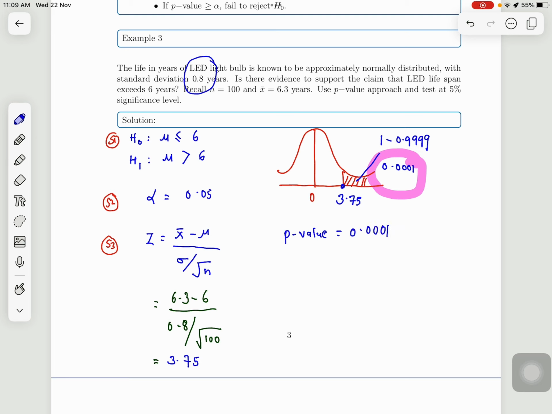And at the step 4, what we need to do is you compare with your step 2 value, which is our significance level 5%.